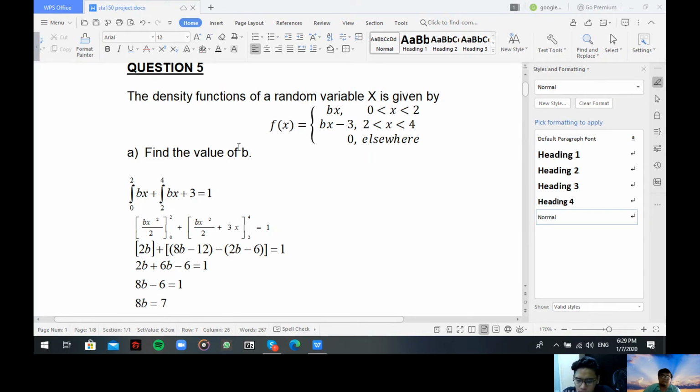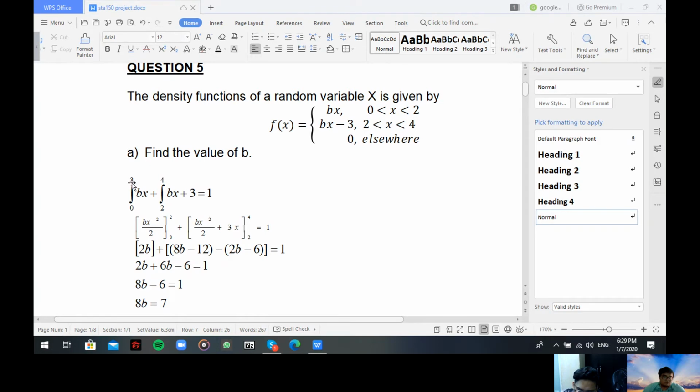For the bx, the range of x is from 0 until 2. And for the bx minus 3, the range of x is 2 until 4. For now, you need to do that.